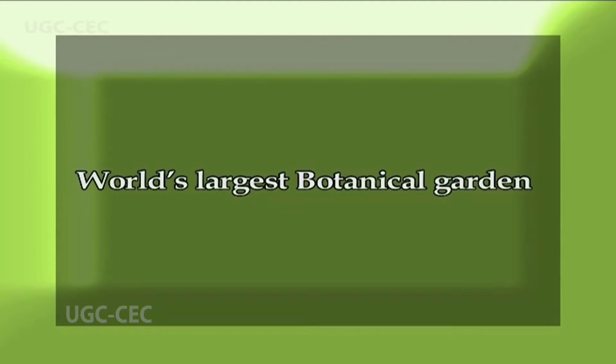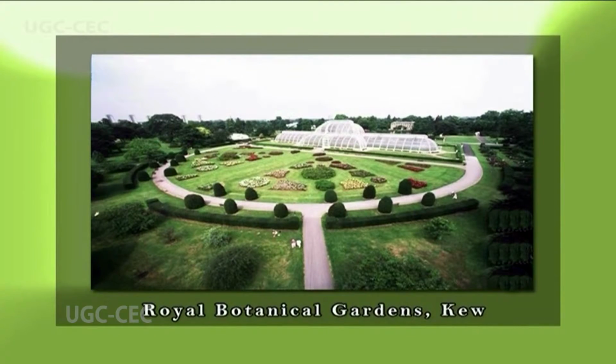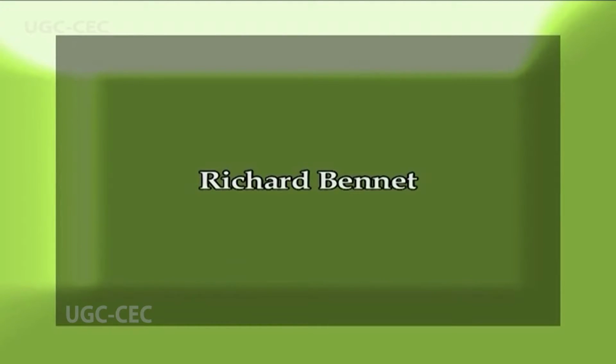Now, we will discuss the world's largest botanical garden. The world's largest botanical garden is the Royal Botanic Gardens, Kew. Originally, it belonged to the Kew House owned by Richard Bennett.